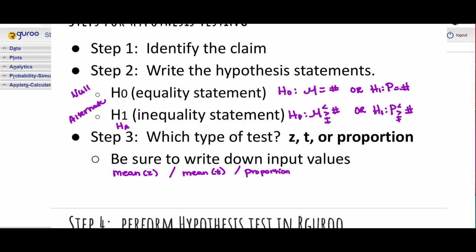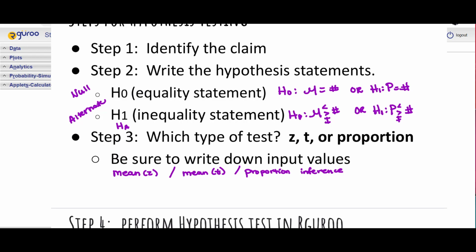And all of these are, in Rguroo, an inference. So you would choose mean inference if you're testing a mean, and you would choose proportion inference if you are testing a proportion, and then you would choose one population, at least for the ones we're doing in this section.